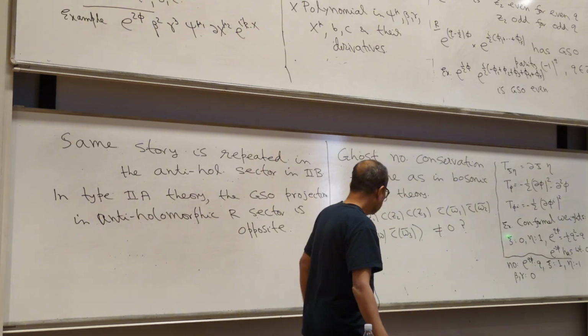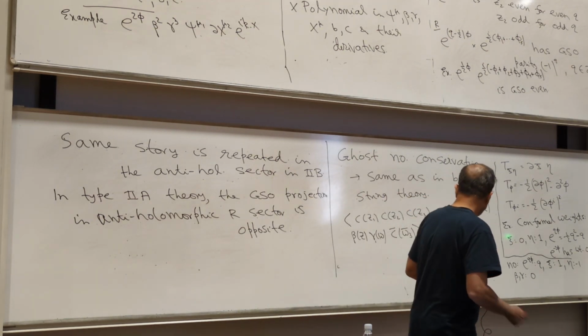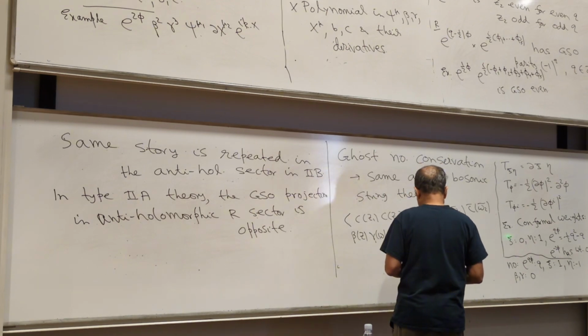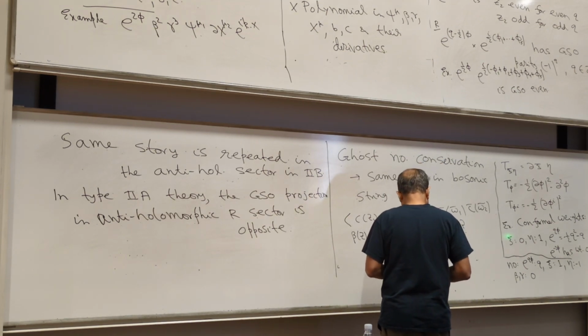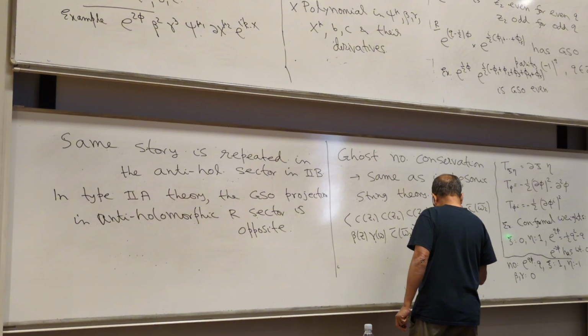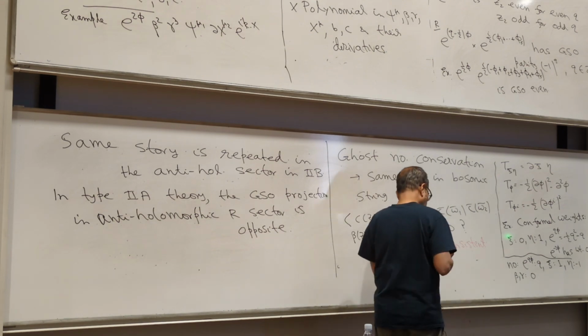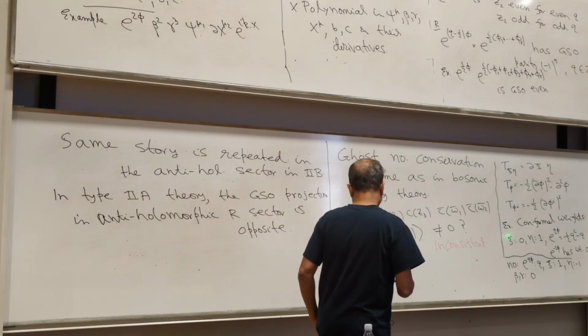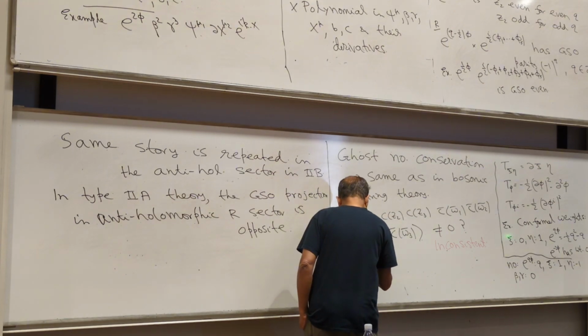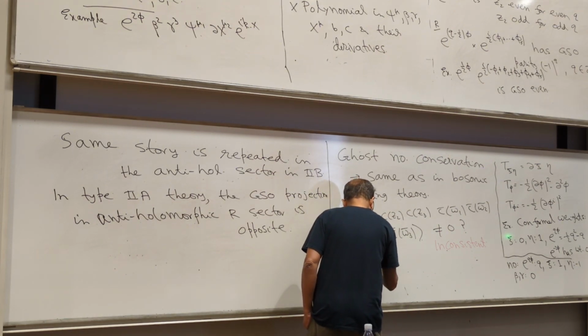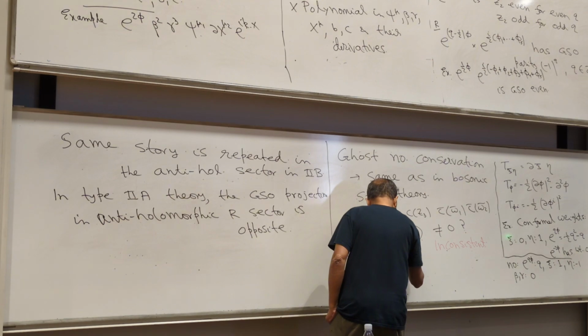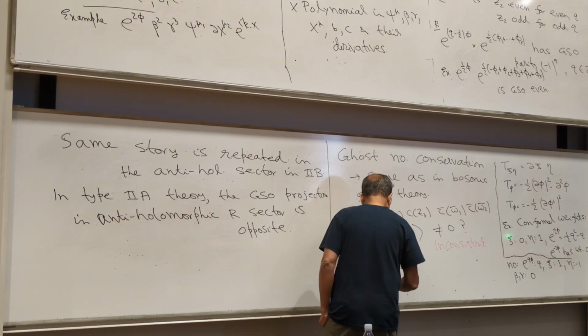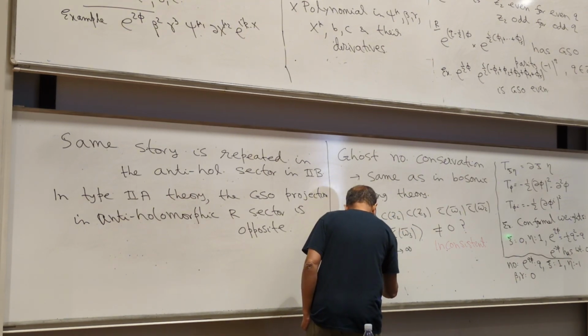Okay, so this is not a viable option. This is inconsistent. Okay, because this is supposed to go as 1 over z cube as z goes to infinity, but only has a single pole.